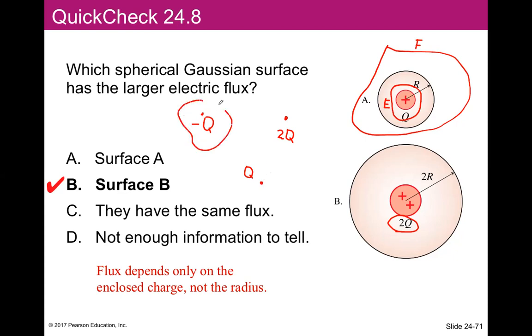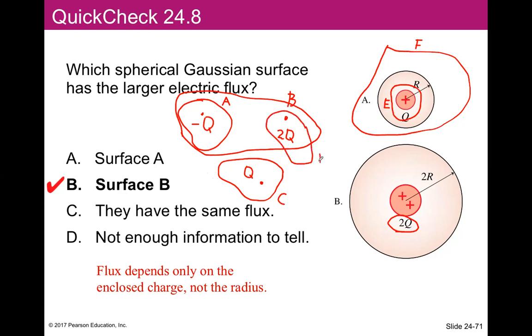You have Gaussian surfaces A, B, C, and D. Now you have four surfaces, A, B, C, D. So which one has the largest flux?